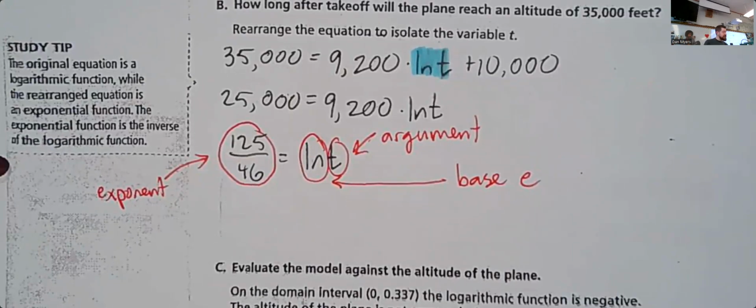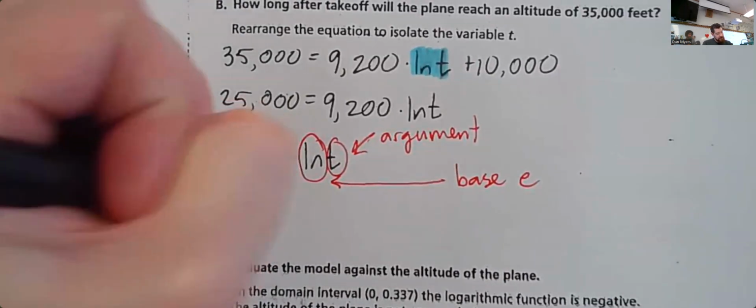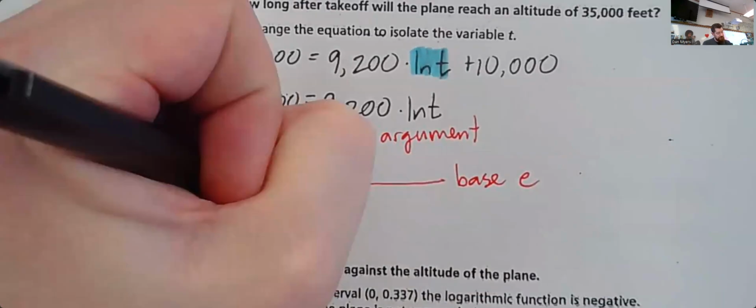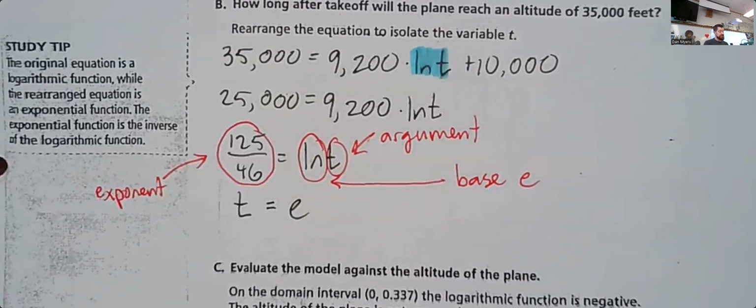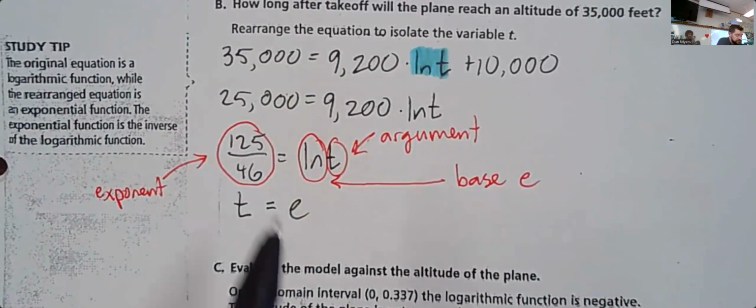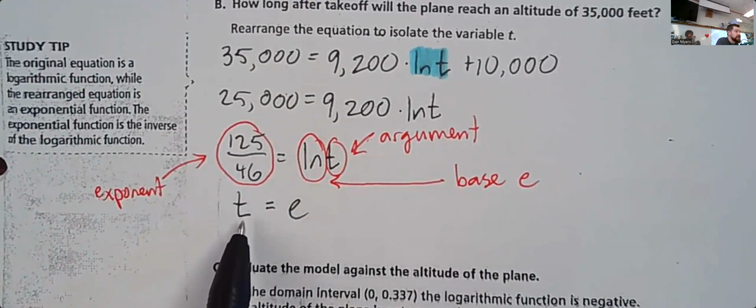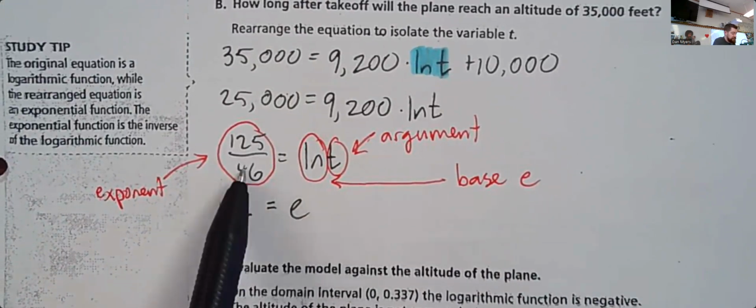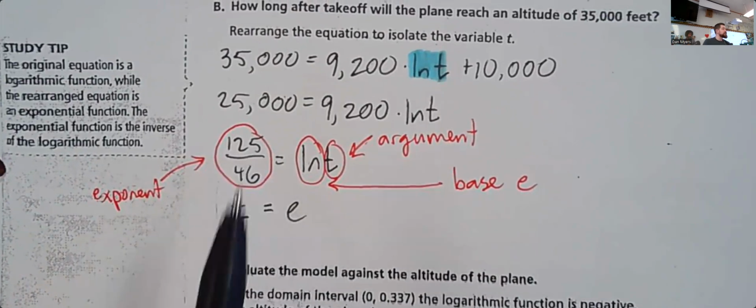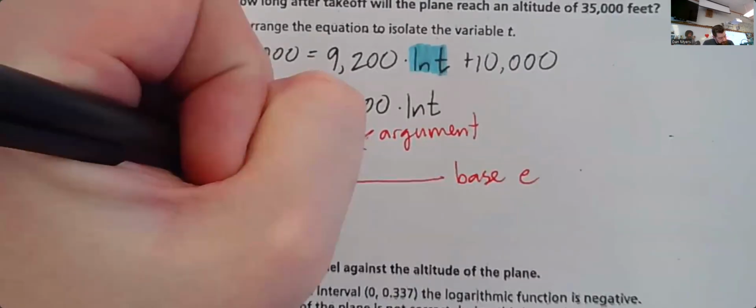That means that T, the argument, which is the thing by itself, T equals base e to what power? Yeah, that's our exponent. So the exponent is 125 over 46.